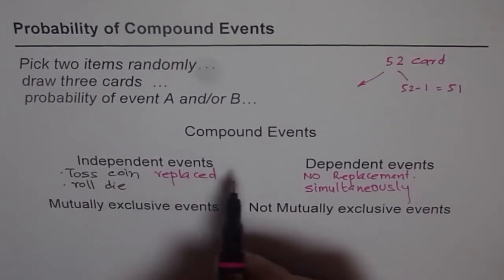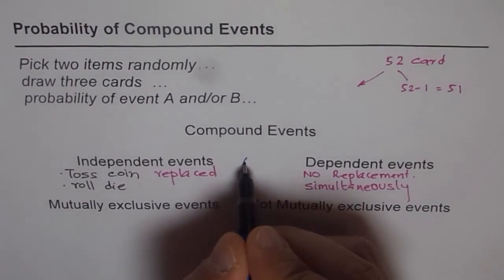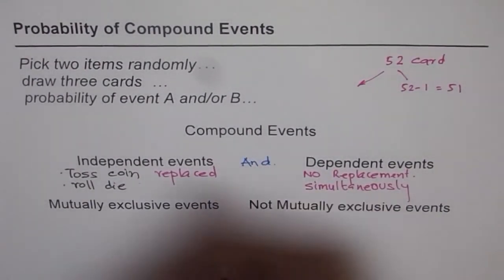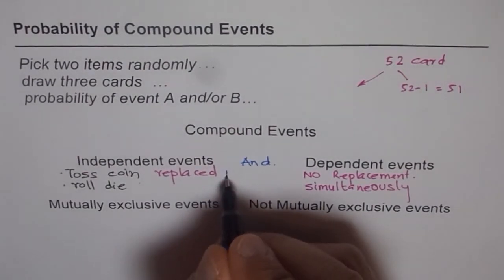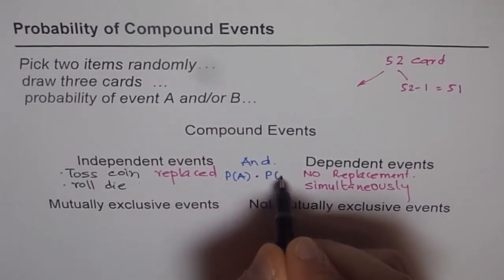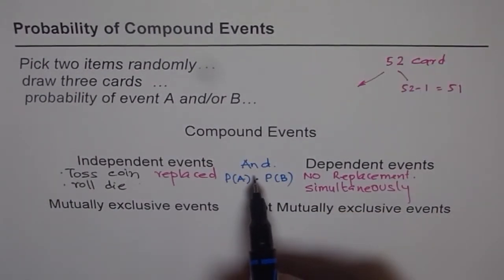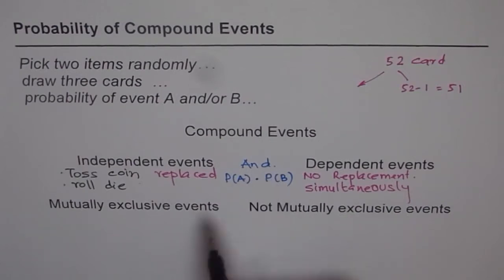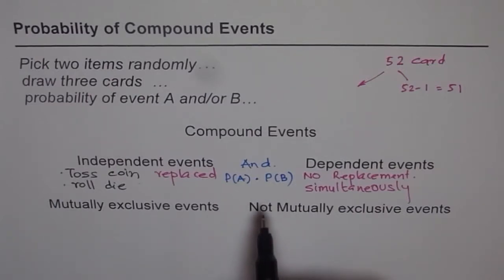So whenever we are dealing with AND operation, let me write here AND operation, and if we are considering two events A and B, then the probability will be probability of A times probability of B. So whenever we have a condition which involves AND, we know its probability should be multiplied of the two events.